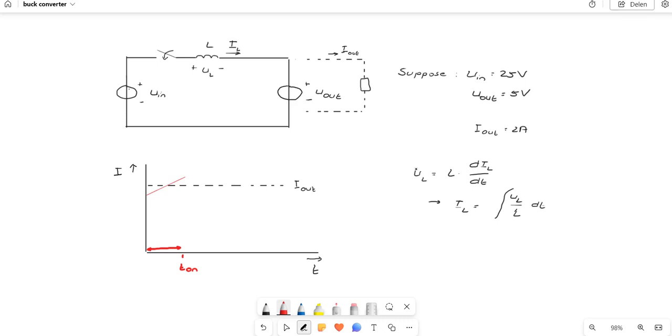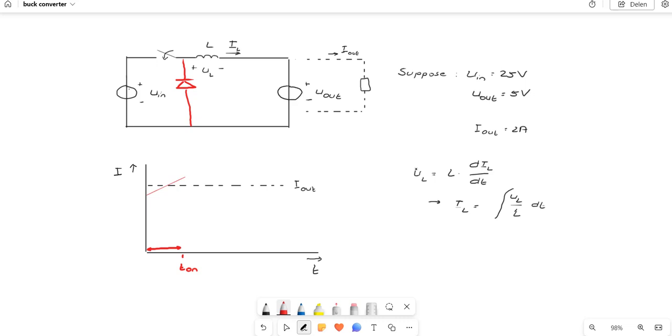So we have to define a path for that current IL to flow when the MOSFET is open. We can do that by adding a diode over here in this way. When we have placed the diode, you can see that when that switch is open, the current through the inductance can flow through the output voltage and through that diode, so we have a circuit created for that current to flow.